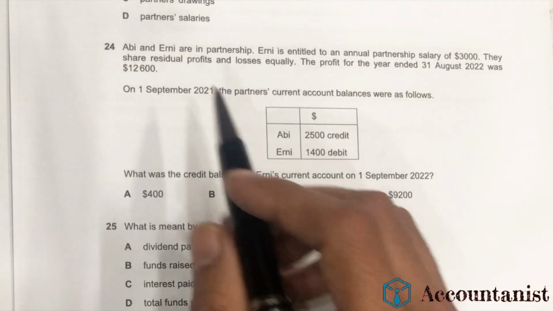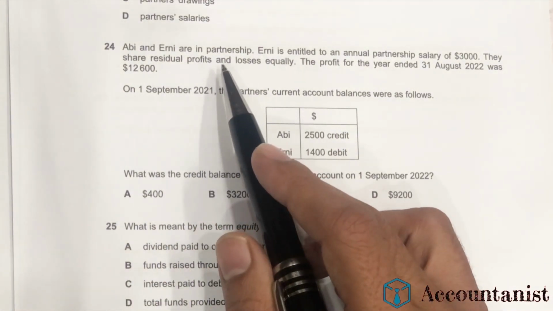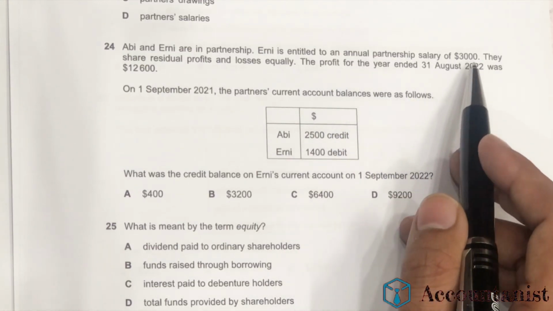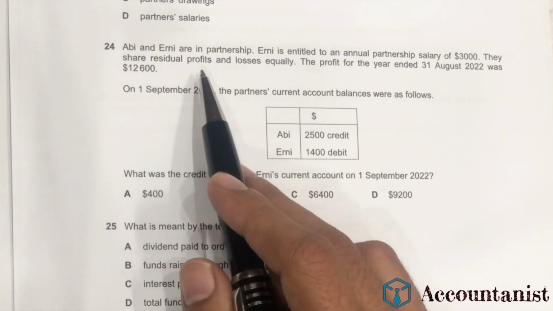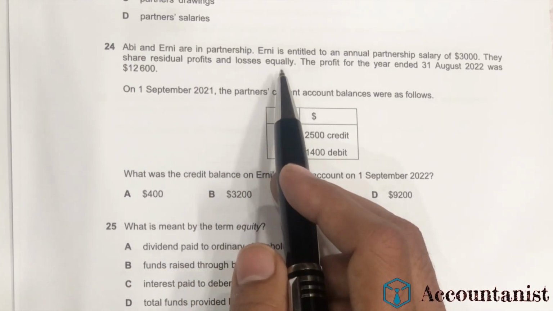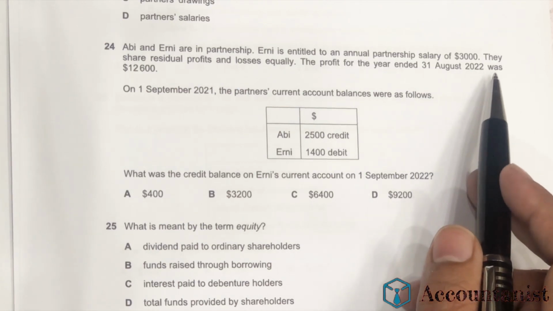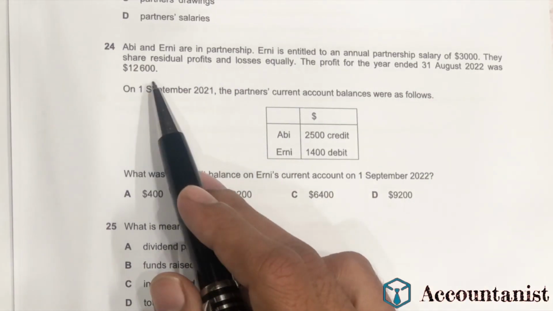It says, Abby and Amy are in partnership, and Amy is entitled to an annual partnership salary of 3,000. They share residual profits and losses equally, and the profit for the year ended 31st August 2022 was 12,600.